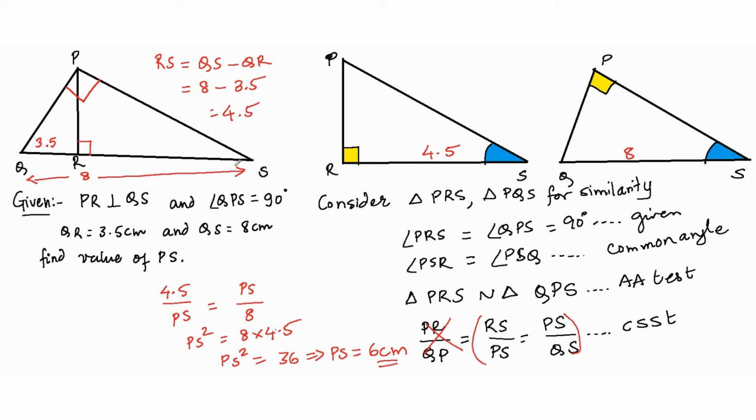So to find PS, I took the complete triangle, that's PQS, and triangle PRS for similarity, and using CSST I was able to arrive at the desired result. So let me again pause for a minute before I move on to the next question.